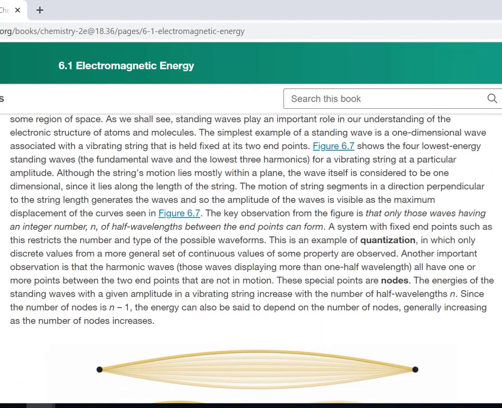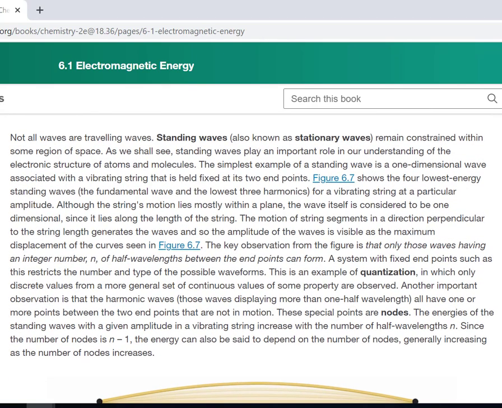And then another property of waves, and this is important to understand as we move towards why this matters for electrons, is that we have something called a standing wave, which is a way of understanding a wave different than other waves. So when we think of a wave in an ocean, the water itself is moving.